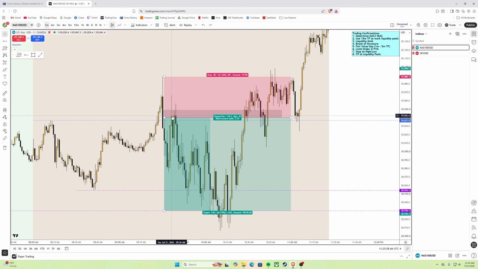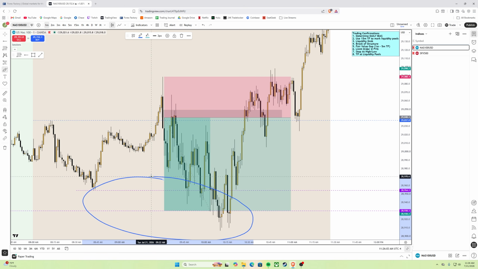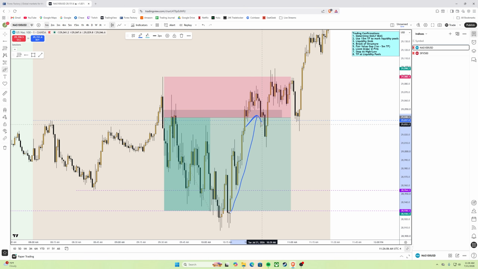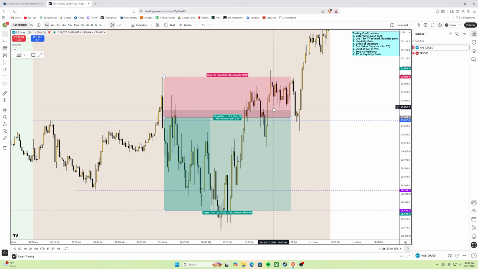Had I taken the NAS instead of the S&P, I would have closed off at least 80% of my position with price going down to this move, and then if price would have reversed against me and taken me out at these highs, it wouldn't have mattered too much because I still would have walked away in profit for the day. If I walked away in profit for the day, then there's no point in a re-entry because you've technically won for the day. I only re-enter on the S&P because it technically was a loss based on the absolute number. And if you look at it, the NAS wouldn't have given you a re-entry anyways.